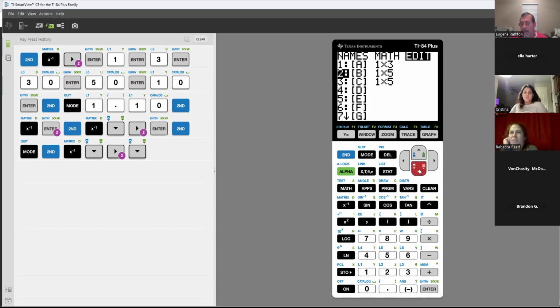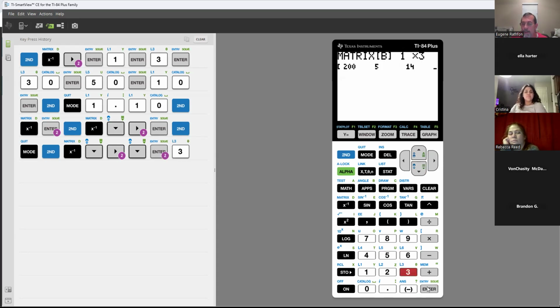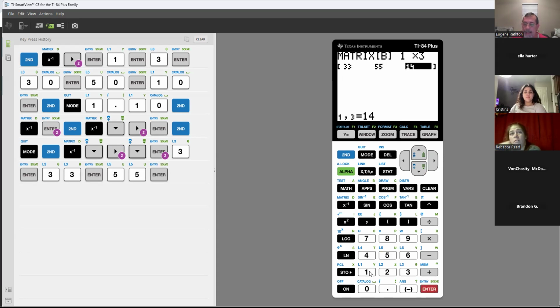Okay, I'll go to edit, then go to B. Okay, then enter. All right, so this is going to be a 1 by 3. So 1 by 3, enter. So this one had 33 for the first entry, 55 for the second, and then 11 for the third. So that's technically my matrix B, the 10% more. So I'm gonna quit that screen.